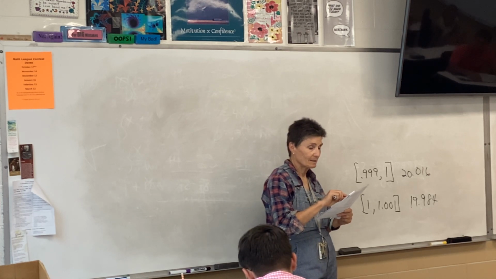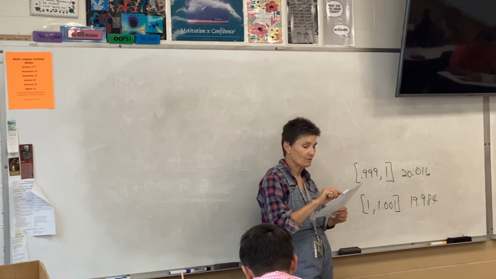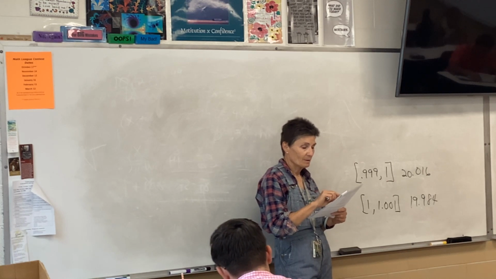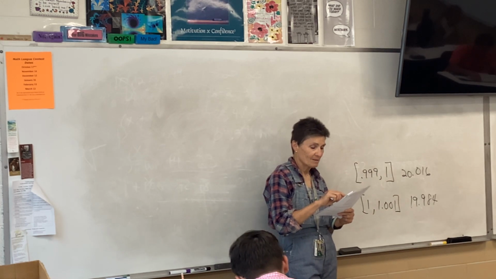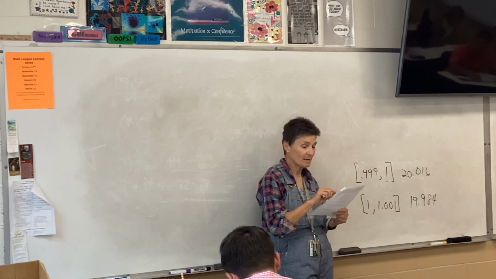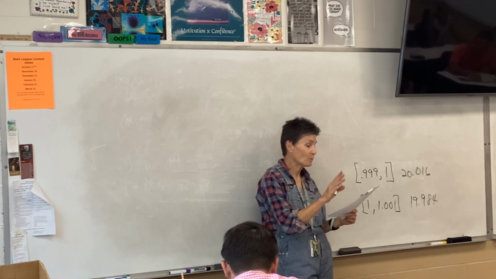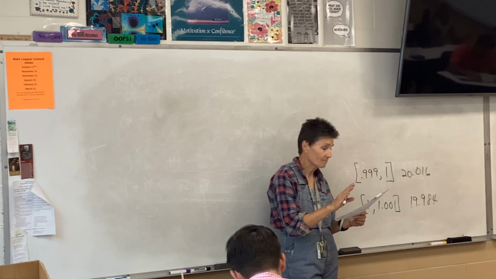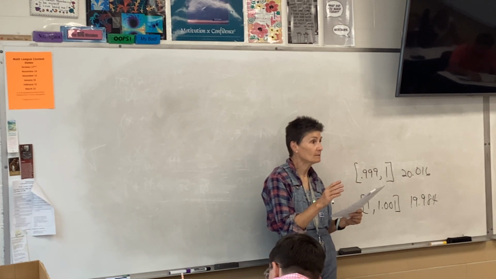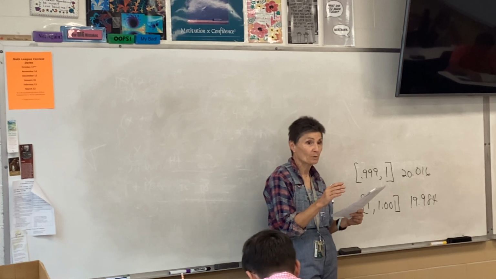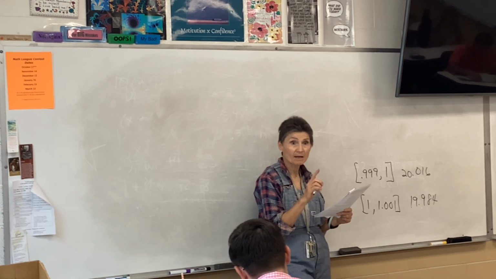Concave down and increasing. I'm thinking it starts somewhere between 9 and 12, and it ends right around 3 o'clock. Would you agree with that? Because we've got to be increasing and concave down.